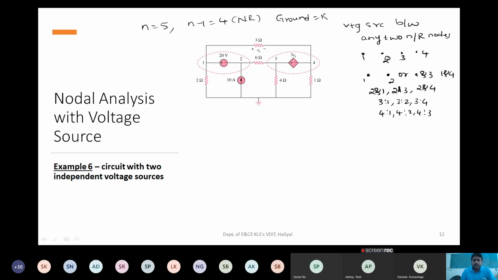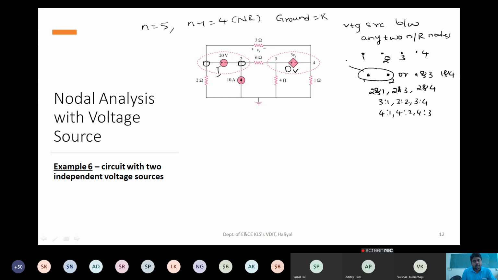So we see that there are voltage sources, right? There are two voltage sources. One is an independent voltage source, and this is a dependent voltage source. The independent voltage source is located between node 1 and node 2. So yes, we are getting the 20 volt source in between 1 and 2.